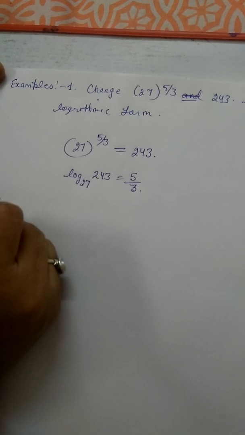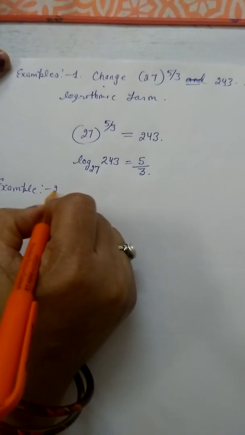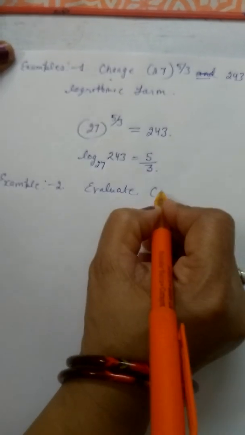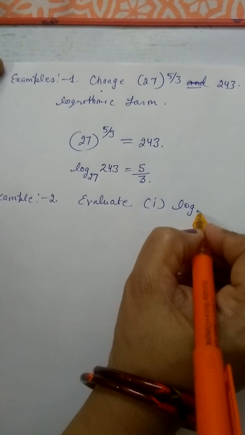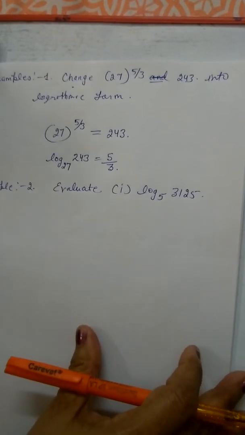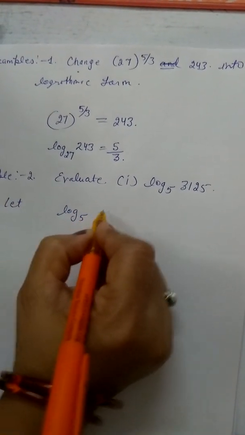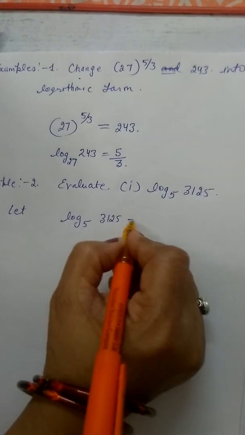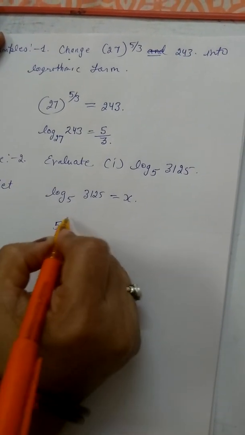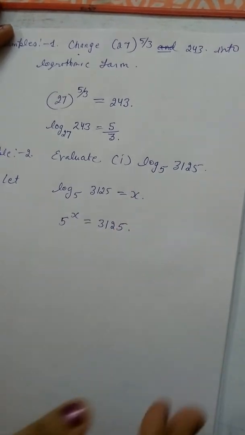Example number 2. Evaluate log_5 3125. Let log_5 3125 equal x, or you can say 5 raised to the power x equals 3125.